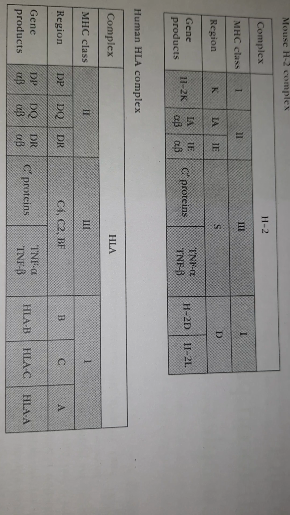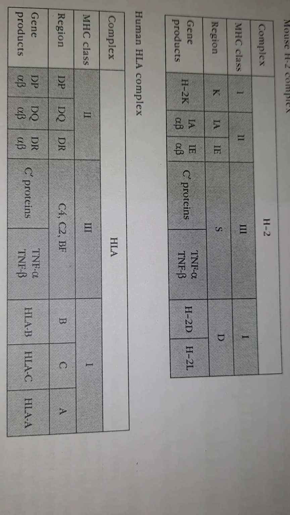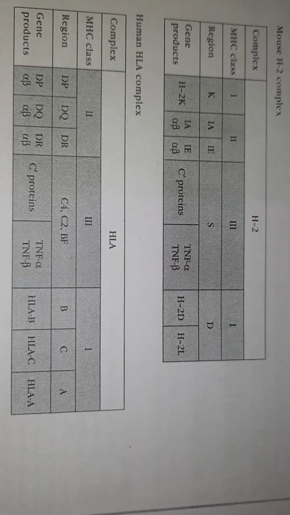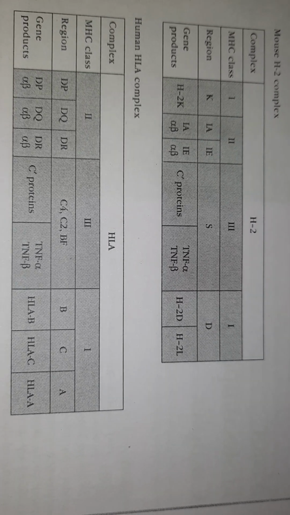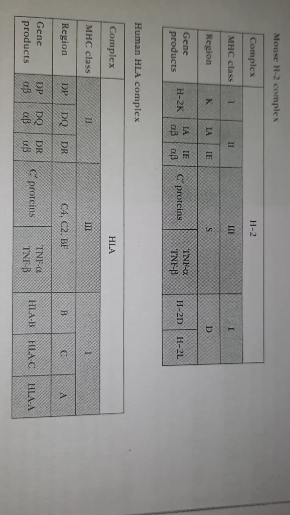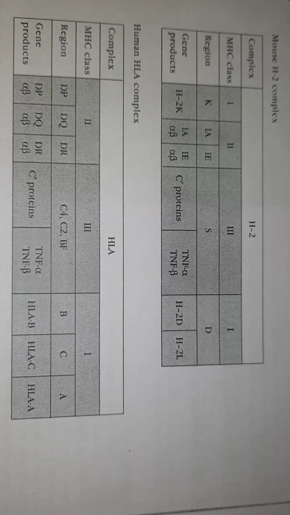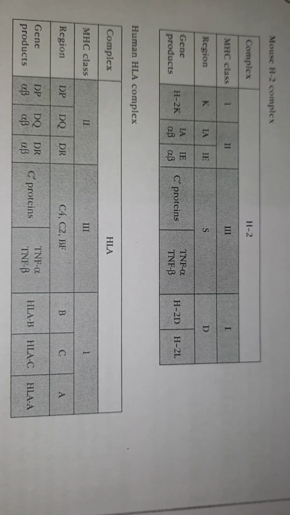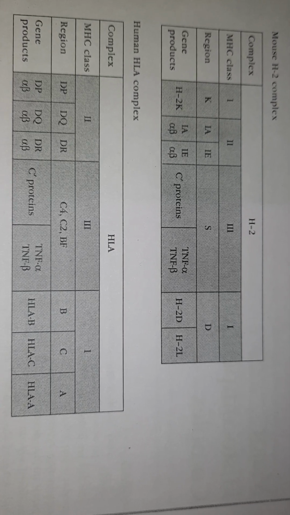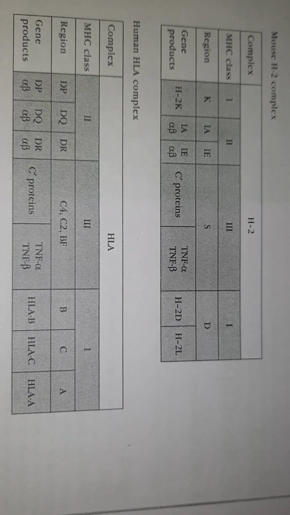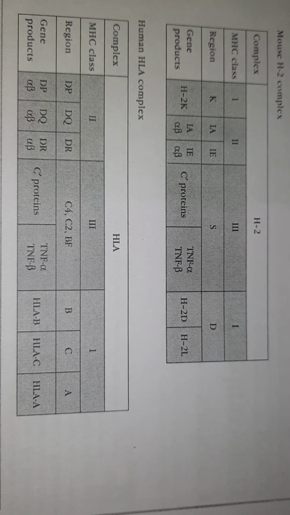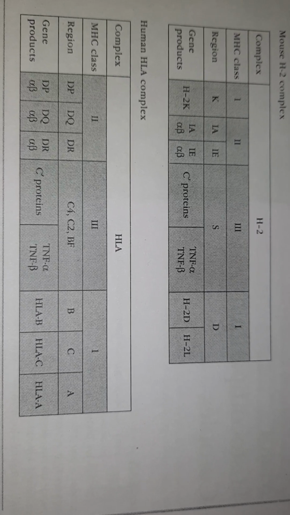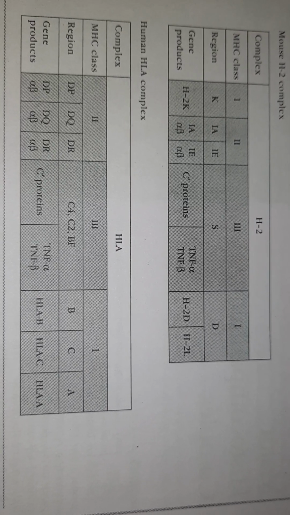There are three classes of MHC genes: class 1 MHC gene, class 2 MHC gene and class 3 MHC gene. The class 1 MHC genes encode glycoproteins expressed on the surface of all nucleated cells, and the major function of the class 1 gene product is presentation of peptide antigen to TC cells. The class 1 MHC molecules are encoded by the K and D regions in mice and the A, B and C loci in human.